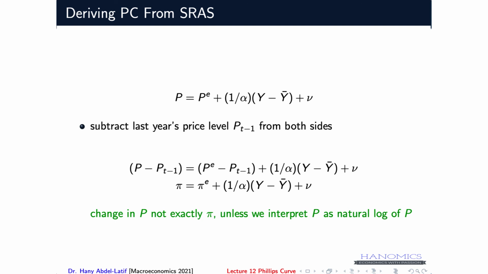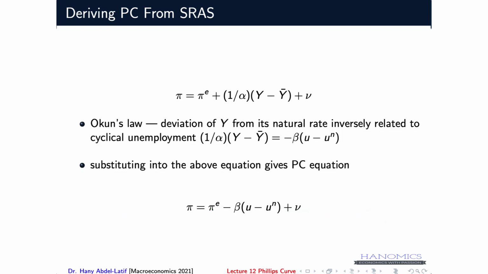And relying on what we learned in lecture 2 about Okun's law, that negative relationship between output and unemployment, that took us to the full equation, what we call the modified Phillips curve, or expectations-augmented Phillips curve.